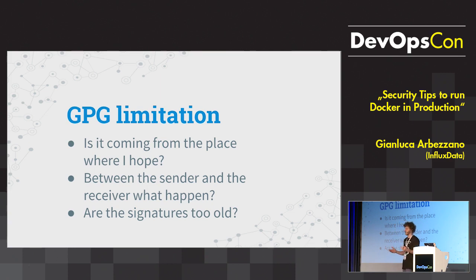There is something between the sender and the receiver. I don't know. Are the signatures too old, or are the people that signed that package allowed to sign that package, or is that signature fake? There are a lot of questions that you can try to solve with GPG and TLS, but it's not that easy. You need a complex framework around it.